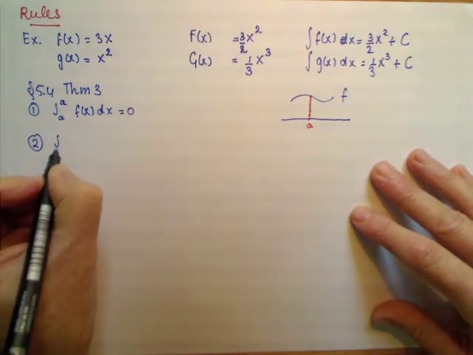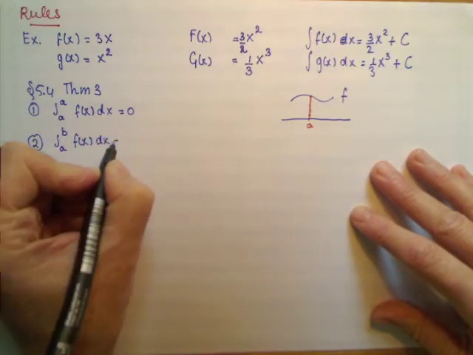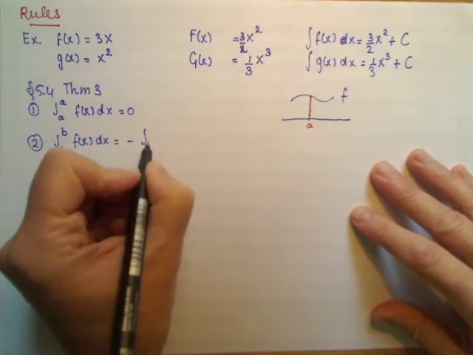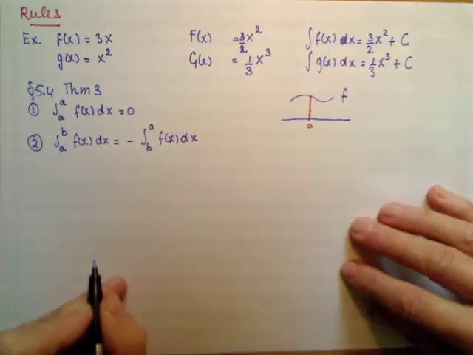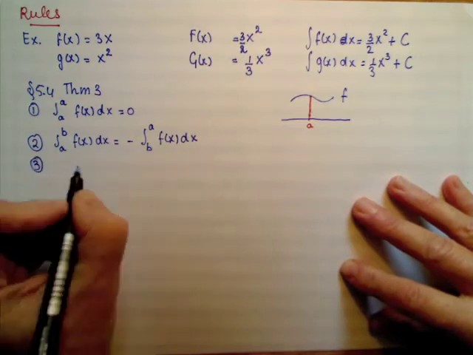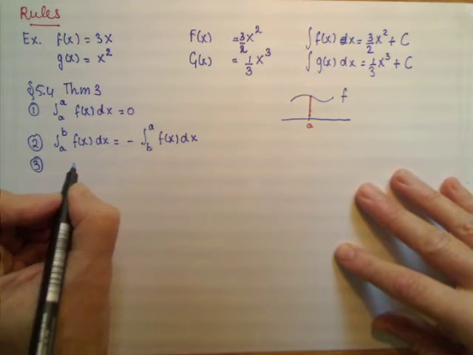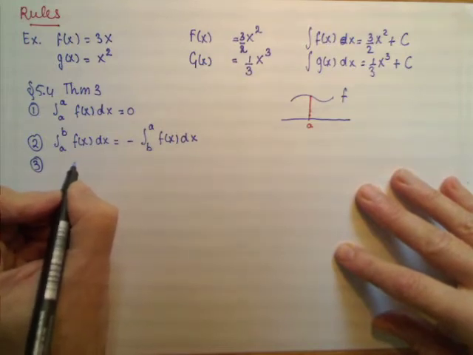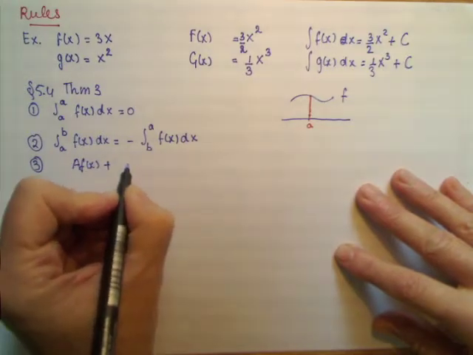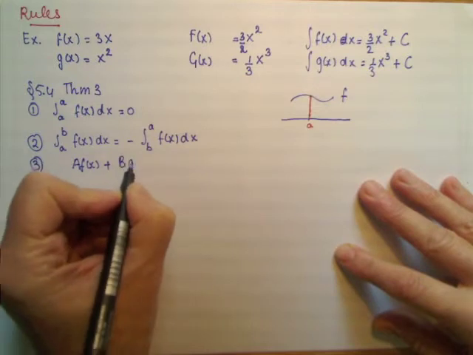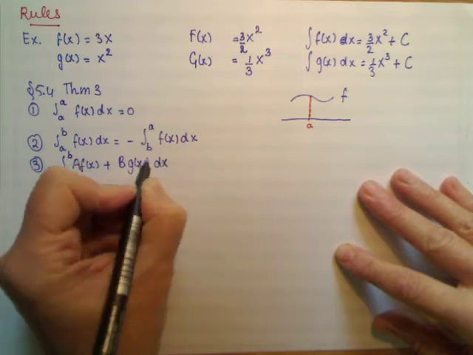Now the second rule is that if we change the order of integration, then the result is minus the original integral. The third, this is the one that we will apply most. So if we multiply our function little f by a constant a and add a function little g of x multiplied by a constant b, we compute the integral from a to b of this function.